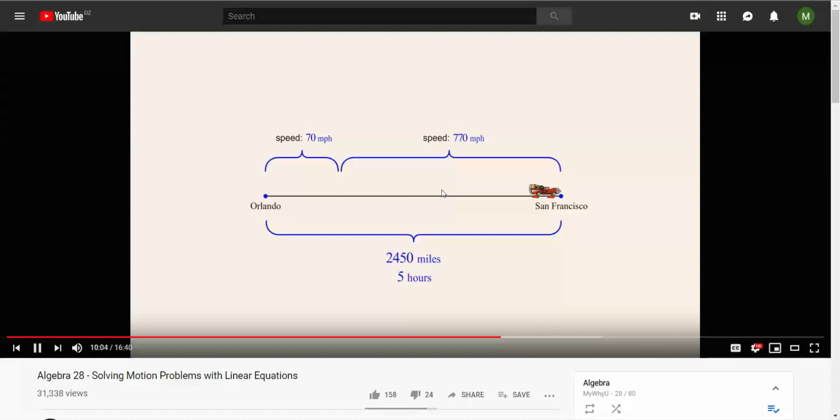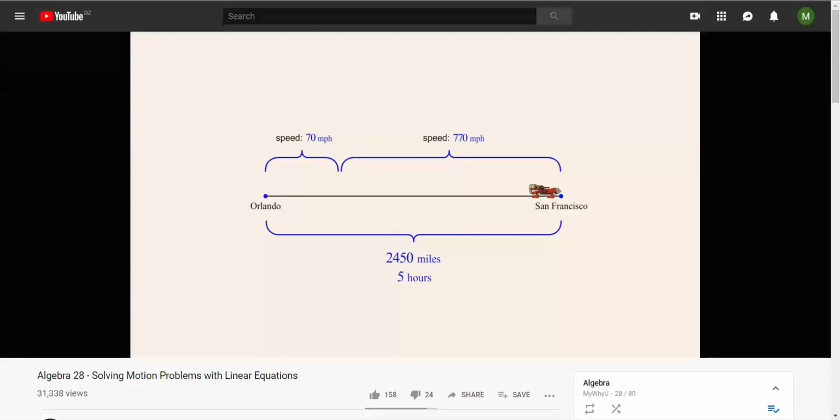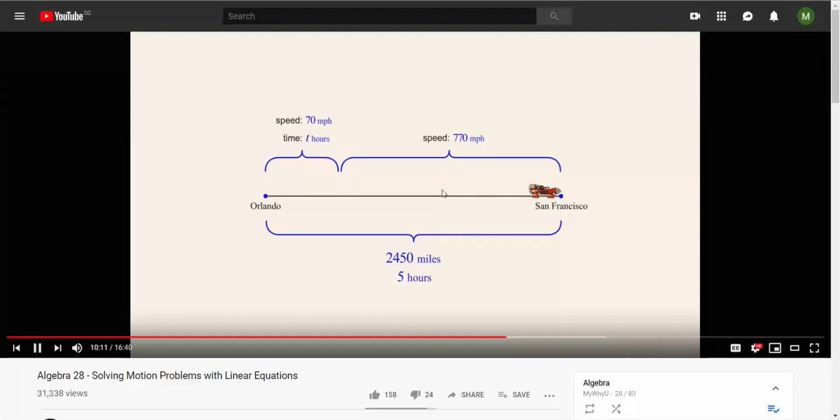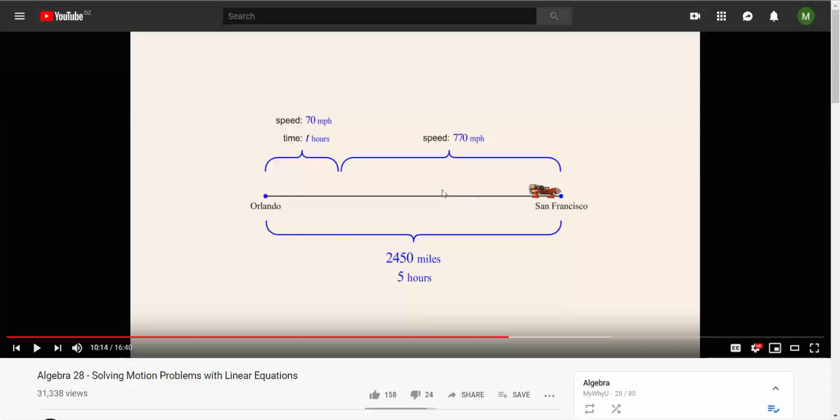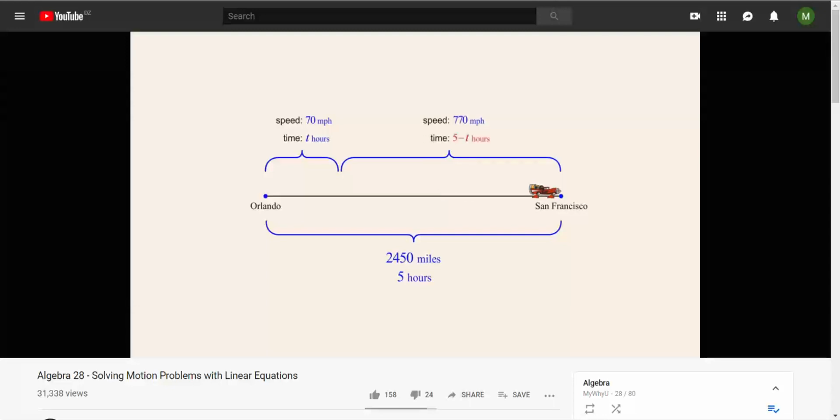Let's let t represent the amount of time traveling at 70 miles per hour. Since the total travel time was 5 hours, the amount of time traveling at 770 miles per hour is 5 minus t. Since distance is equal to speed times time, the distance traveled during the first leg of the trip is 70 times t miles.